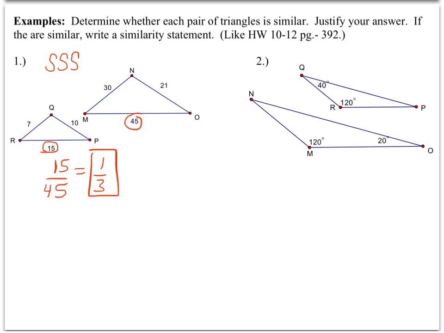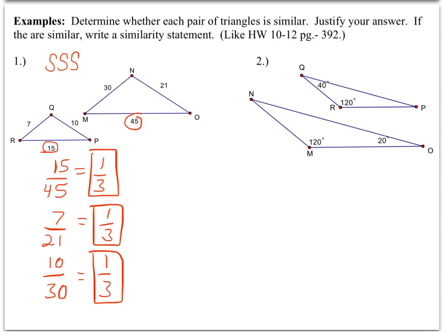Next one, we have 7 divided by 21, which is equal to, when I reduce it, 1/3. So I'm seeing a common scale factor. And lastly, 10 divided by 30 is equal to 1/3. So I have the common scale factor in all three, which means that yes, these two triangles are similar by side.